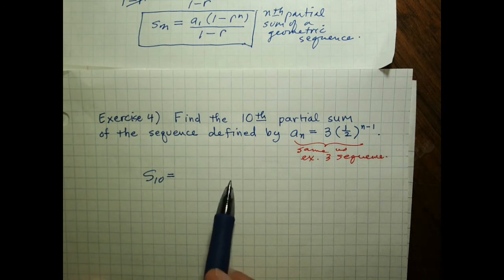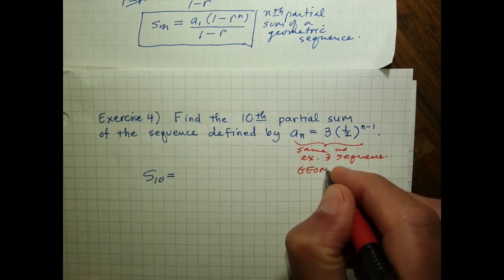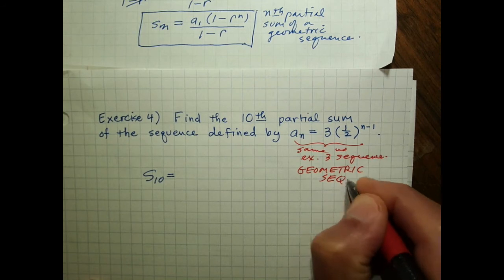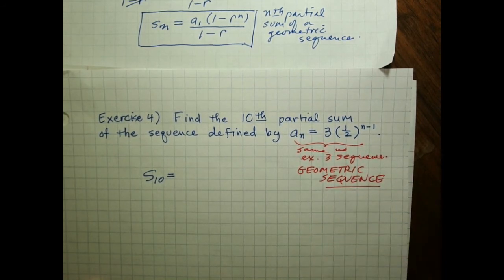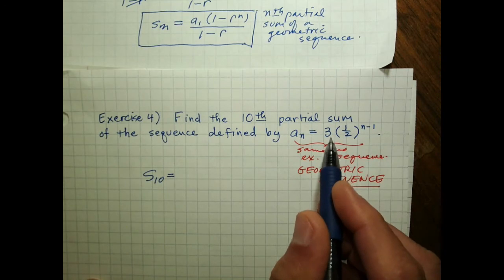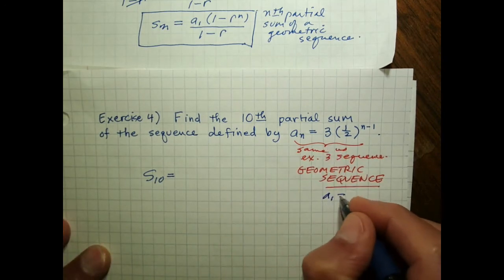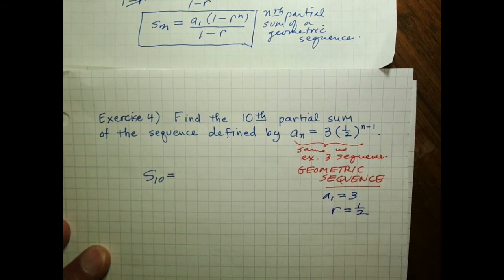So what we can do here is, this is geometric, so we can use the formula for a geometric sequence right up above, and I'm just going to plug in. a_1 for this sequence is 3, and our r is 1/2.